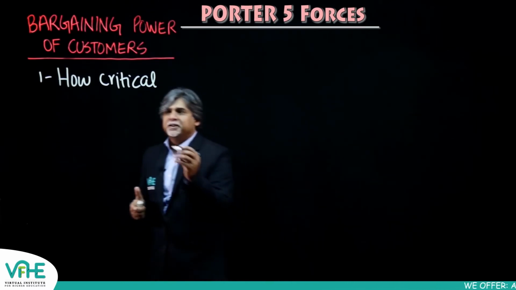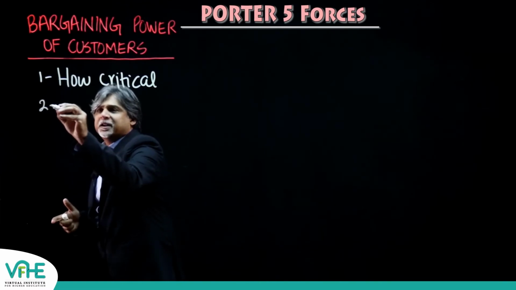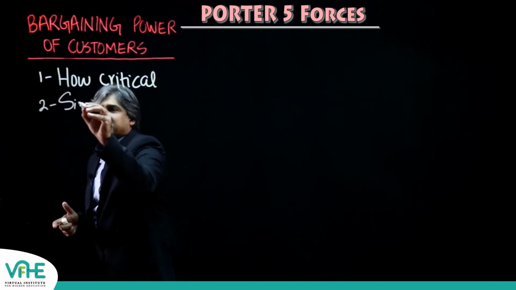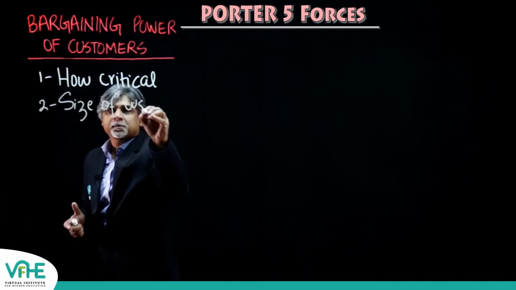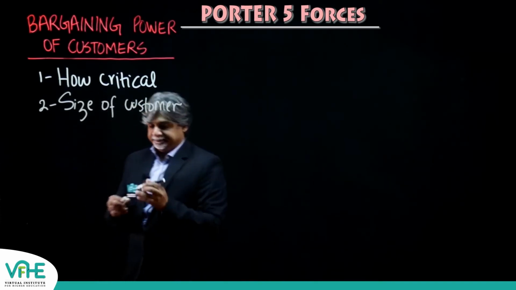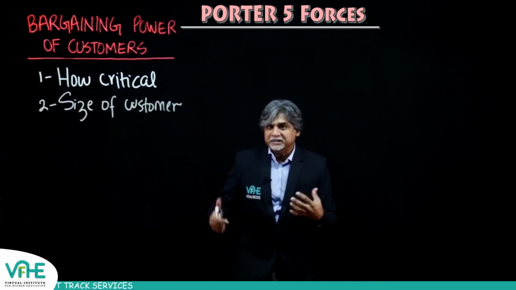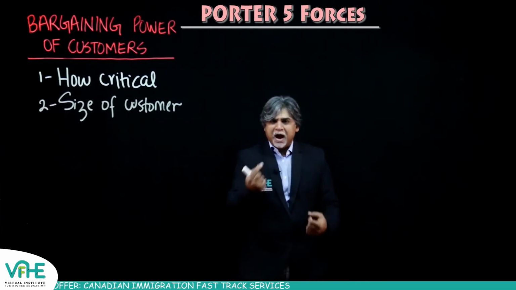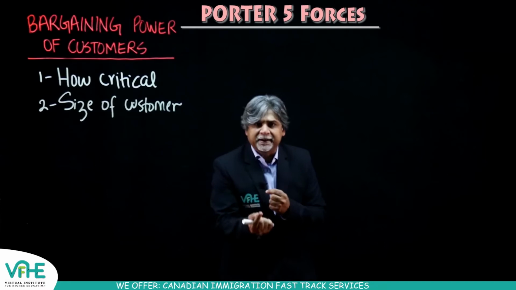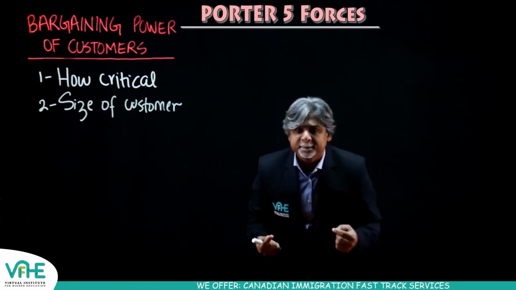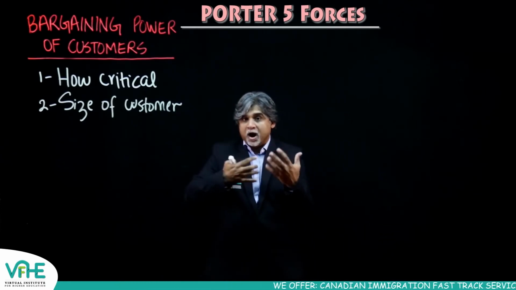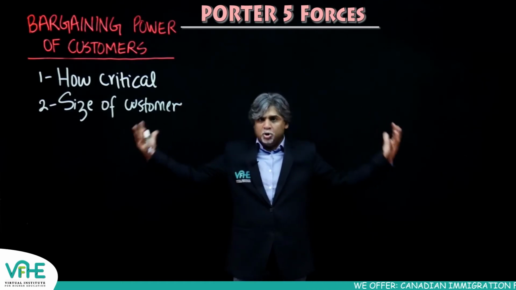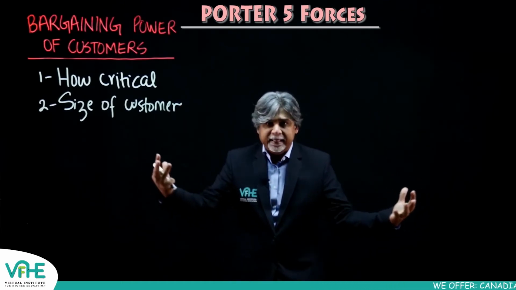The second factor which affects bargaining power is size of customer. Do you think size of customer matters? For example, are you a small single individual customer, or are you a large global multinational customer?